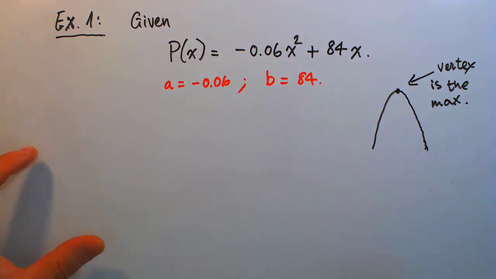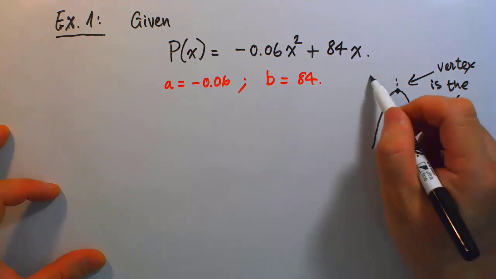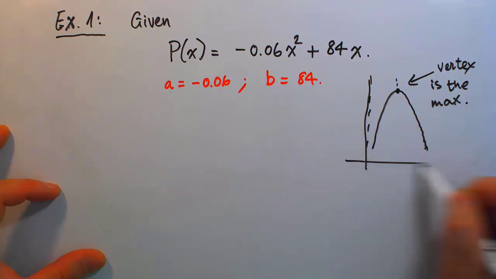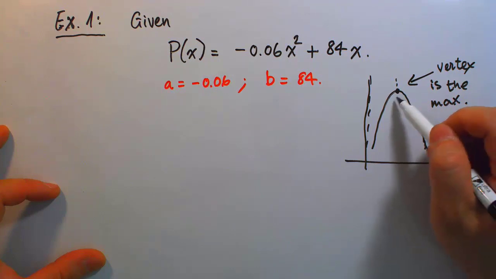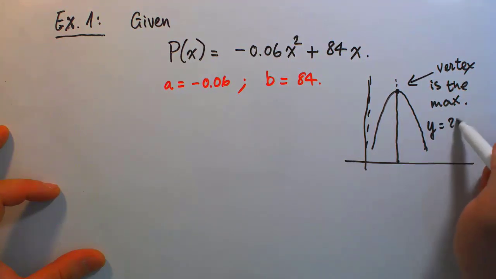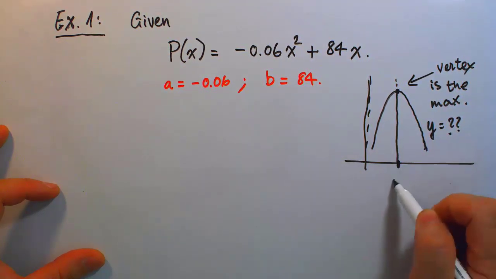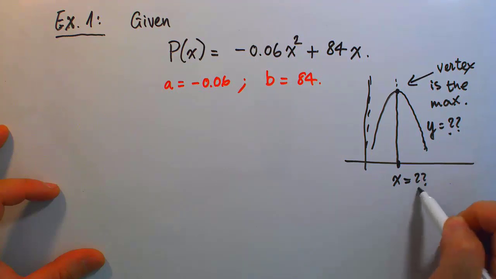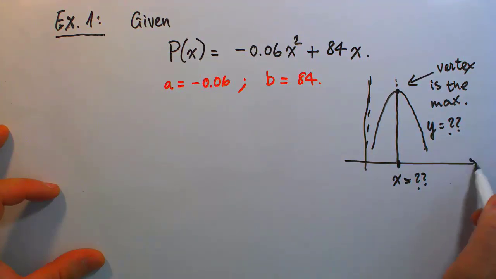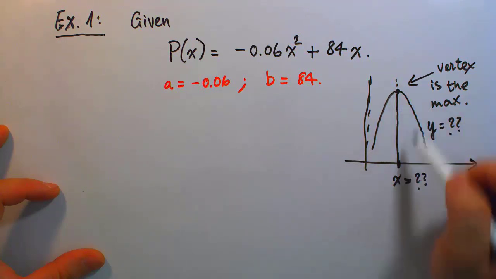That's some expectation we have in mind already. So what we now need to tear down into details is, graphically speaking, how high is the value? That means the y coordinate, the y value, how high up, and what's the x value on the x-axis that gives us the parabola hitting the maximum height right here.